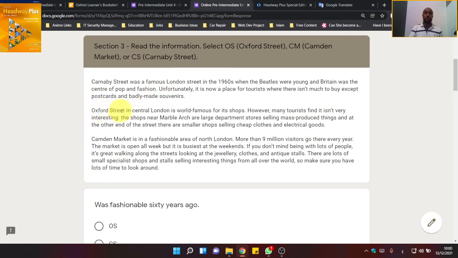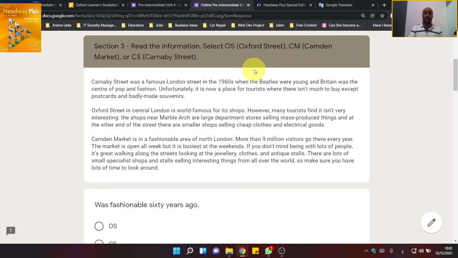The next one is talking about Oxford Street, so I'm going to use OS as the initials. And the last one is Camden Market, and the initials will be CM. So Carnaby Street, CS, Oxford Street, OS, and finally Camden Market, CM.